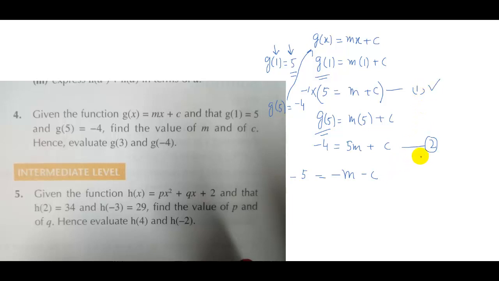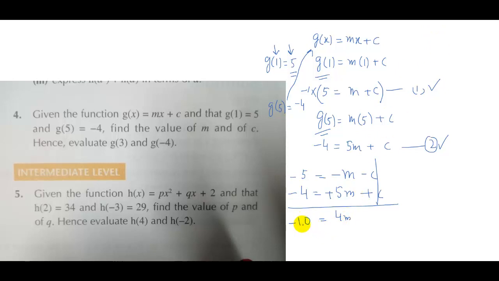Equation 2 we take as it is, 5m plus c. Now just adding these two, it is minus c and it is plus c, so they will be cancelled out. So it is 4m and it's equal to minus 9.